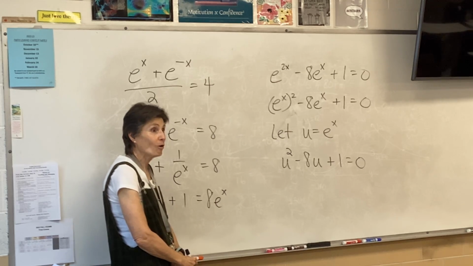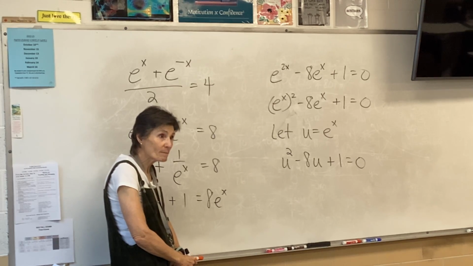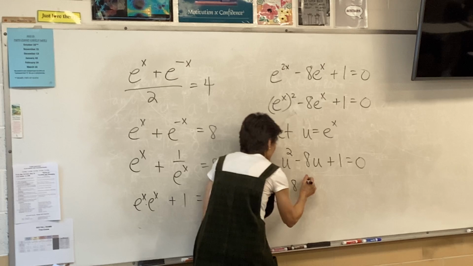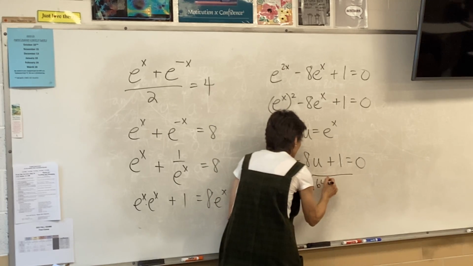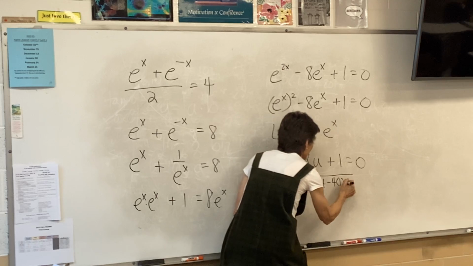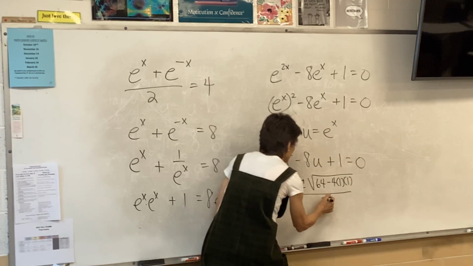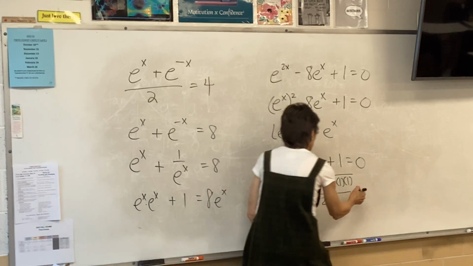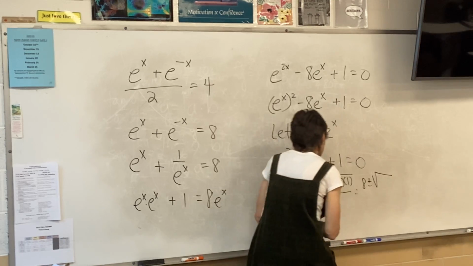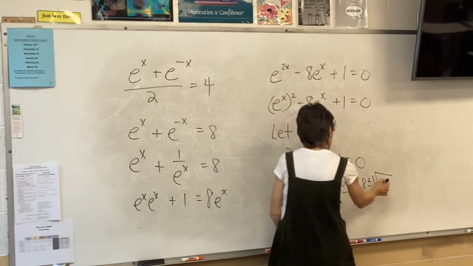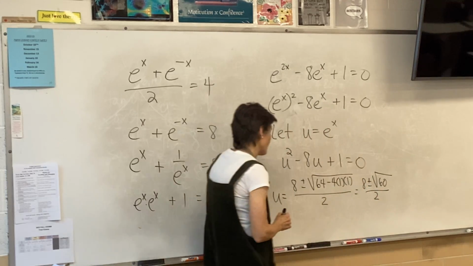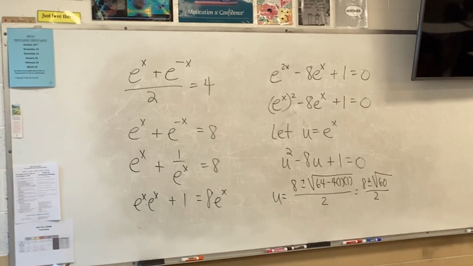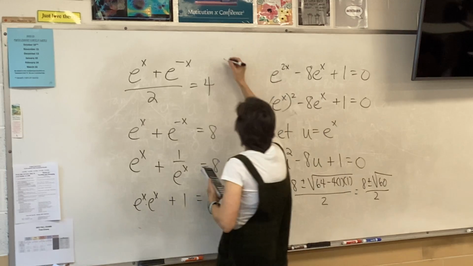Right? And it's solvable with the quadratic formula. So u equals negative b plus or minus the square root of b squared minus 4ac all over 2a. Eight plus or minus the square root of 60. Keep an eye on my arithmetic. Did I do that right? So now I'm going to get a couple of decimals, but I'm going to get two u values.